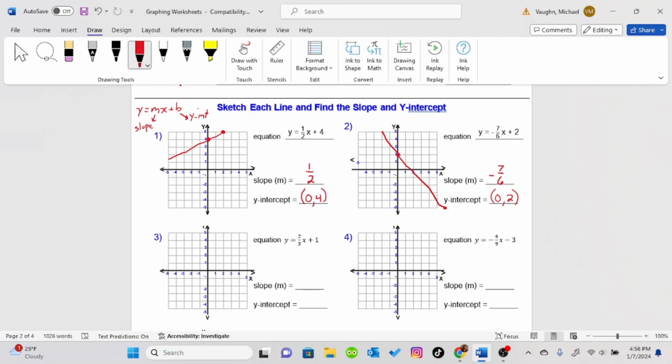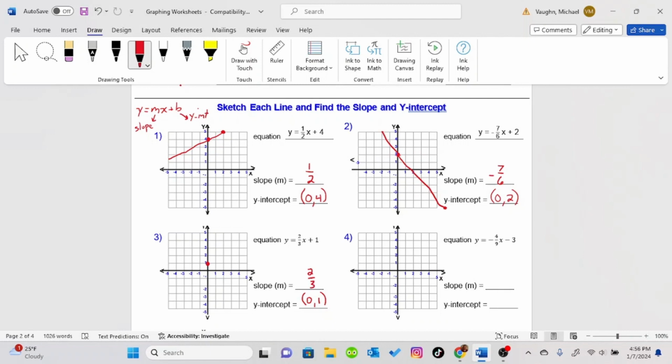Number 3, start with your y-intercept. That's the number by itself. In this case, that's positive 1, so the y-intercept is at the point 0, 1. And that's where we're going to draw it. The slope is the number in front of x, which is 2 over 3.